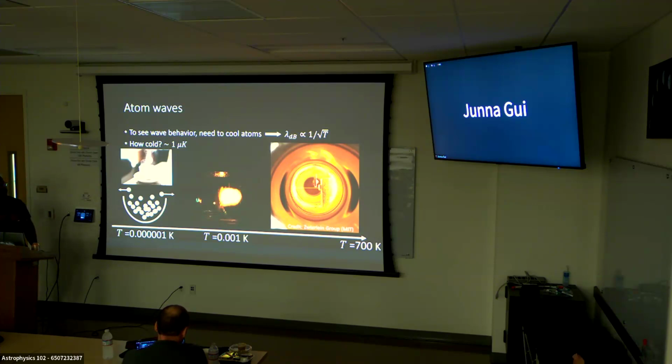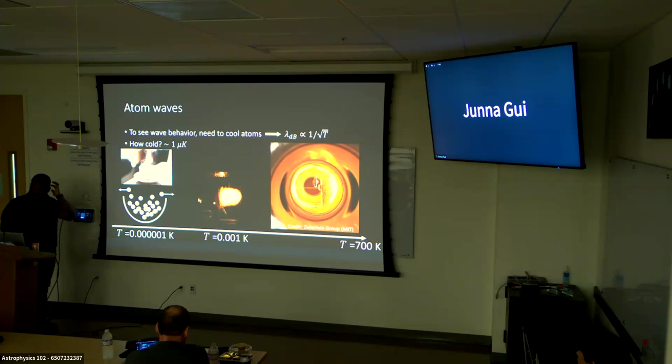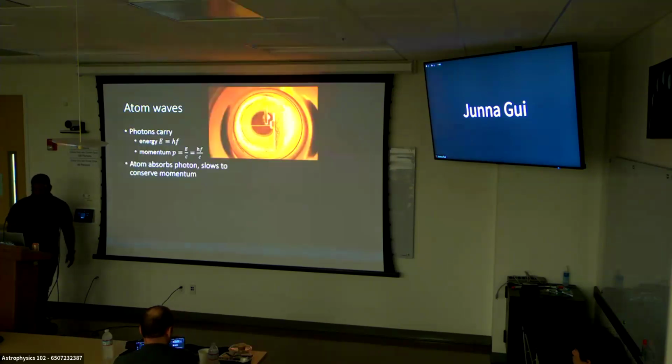Now you have a cold thermal cloud, and then through a few different evaporation processes, in a way similar to how a cup of coffee evaporatively cools, you apply evaporation techniques to go from something like a millikelvin to less than a microkelvin. And that allows you to undergo a phase transition from classical gas to quantum degenerate gas. Okay. Now, whether that's a bosonic degenerate quantum gas or a BEC, or a degenerate Fermi gas, there's some details there, but this is roughly the process.